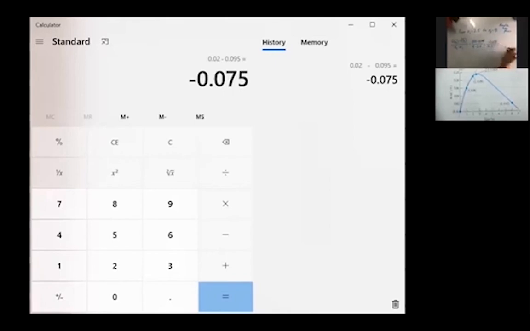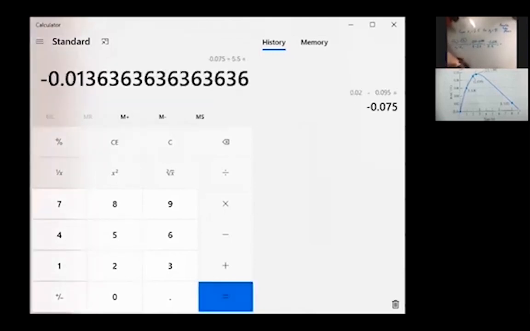Negative divided by positive is negative. 0.075 divided by 5.5 is that big long monstrosity.